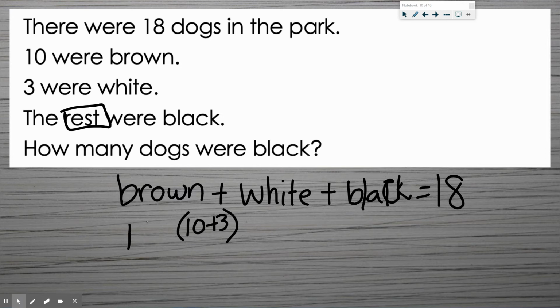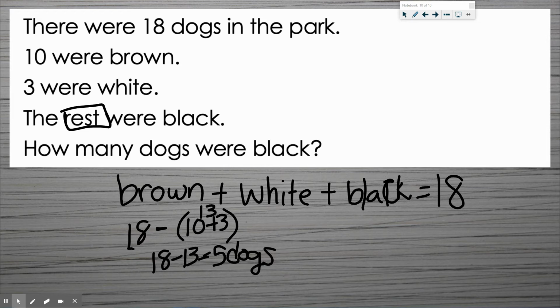So I'm going to say there are 18 of these dogs, and I'm taking away the ones that were brown and white. So 10 plus 3 is 13, and I can do 18 minus 13, and that equals 5 dogs.